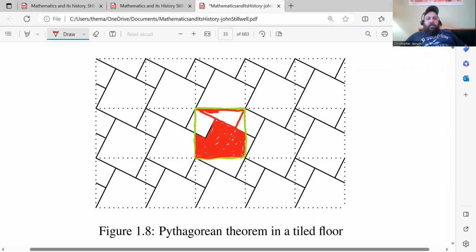Right, that plus the area here, if you notice, is the area of the bigger square in the tessellation.